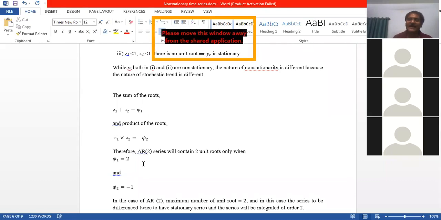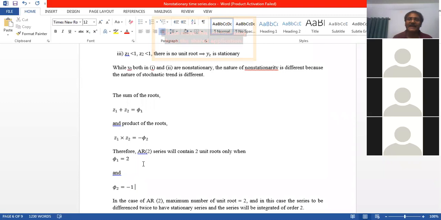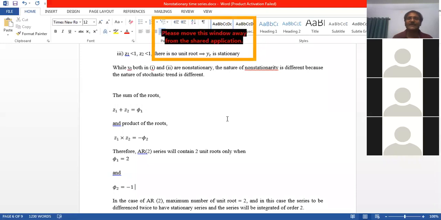So in the case of AR1, we have got unit root means phi 1 is equal to 1. That is, the coefficient of yt minus 1 is equal to 1, indicates the presence of unit root in AR1. But this is not the case for AR2. In the case of AR2, yt will contain 2 unit roots when phi 1 is equal to 2, that is, the coefficient for yt minus 1 is equal to 2, and the coefficient for yt minus 2 is equal to minus 1.